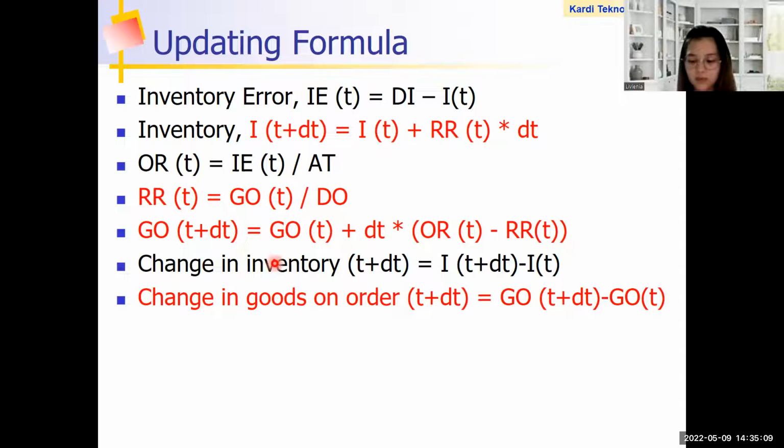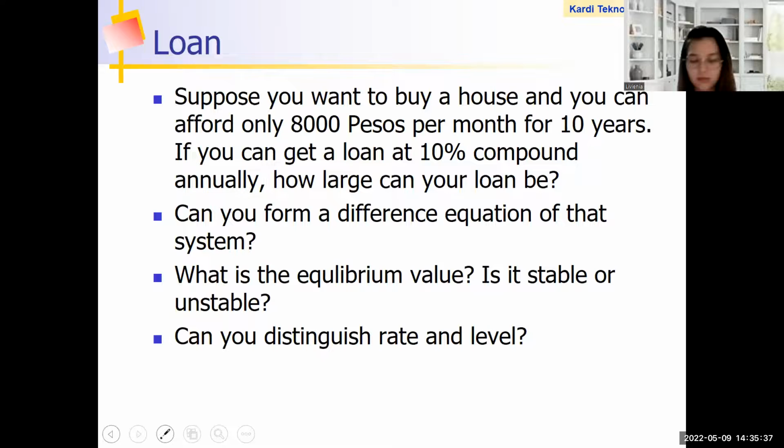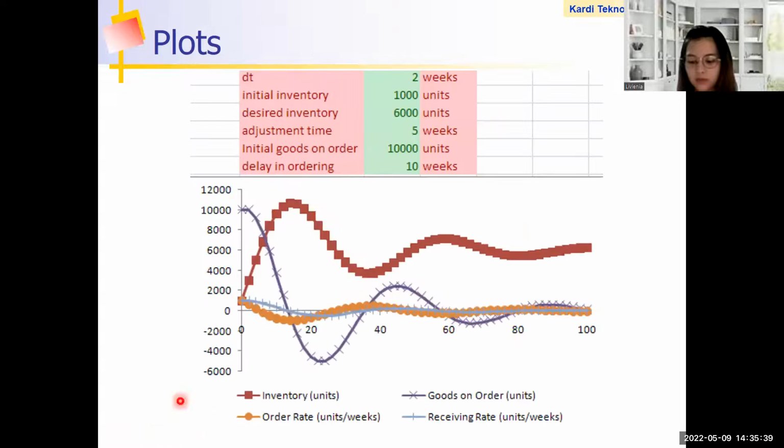Then change in inventory is just the difference, and change in goods in order is just the difference also. Now in the software, you will see the behavior actually oscillates like this. Of course, you can calculate using Excel, and it will also plot an oscillation. Something like this. See?